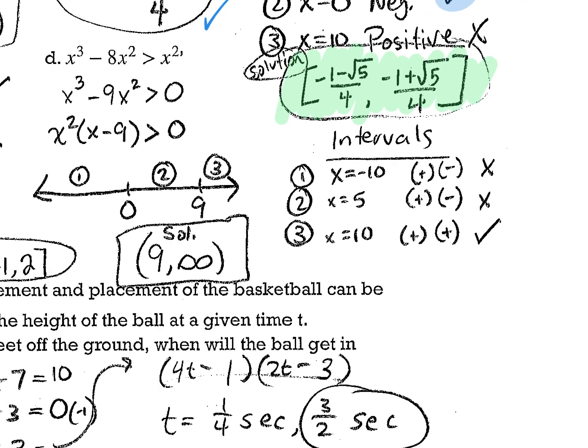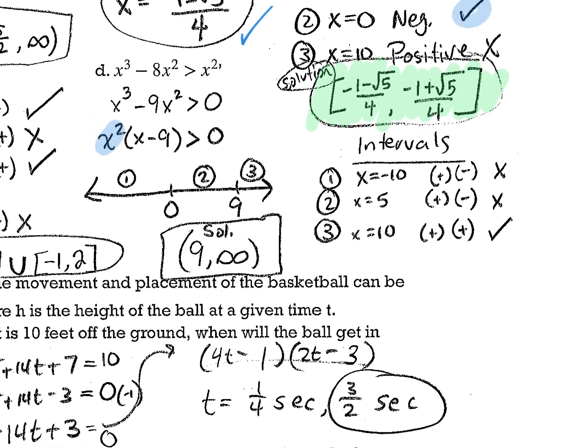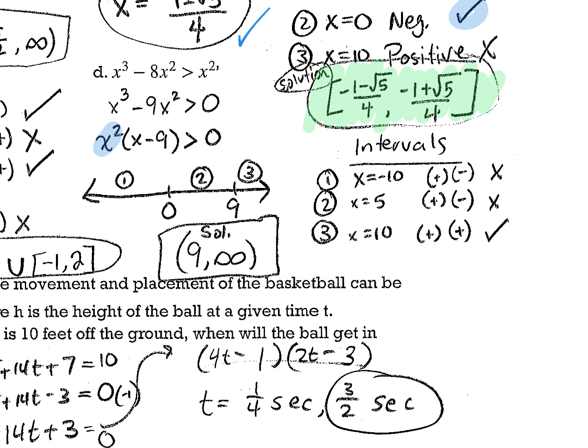And on to part D, we factor again. What's unique here is we have one of those double roots. Yes, can't forget about our double roots. So we have a double root here, so things will behave differently. We factor just as usual, and when we work our way through the tests, we just have to be careful. That x squared value is always going to be positive or 0, right?